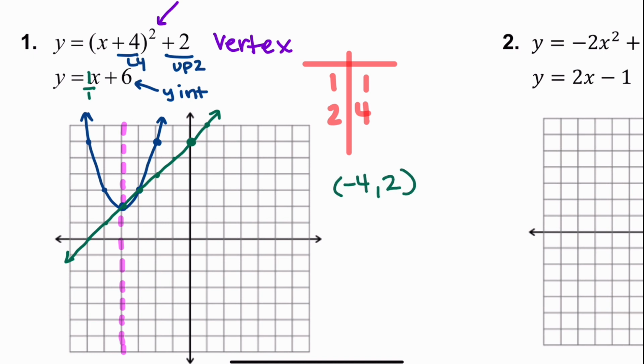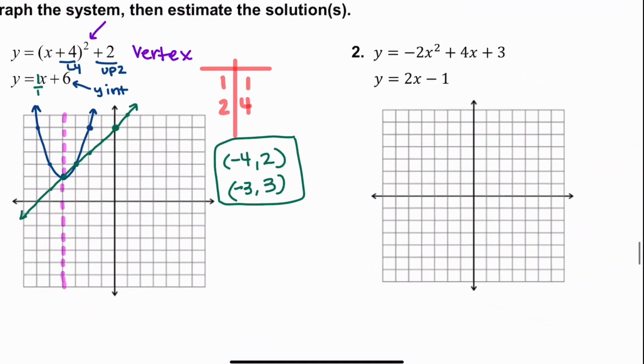We also have the point here where we go left 3 and up 3. So we have a point at -3, positive 3. And those would be the solutions of this system of equations. It's the points where the line and the parabola are crossing.